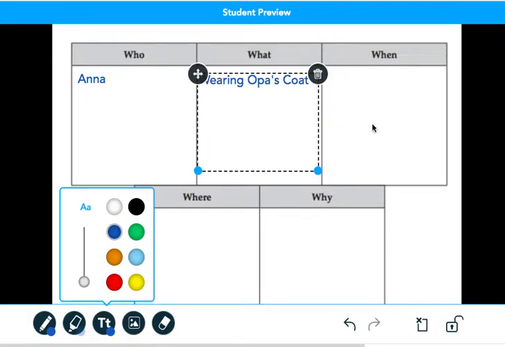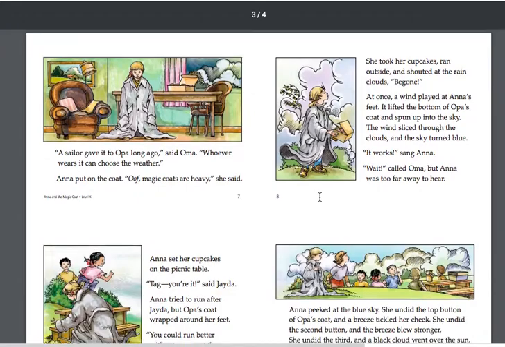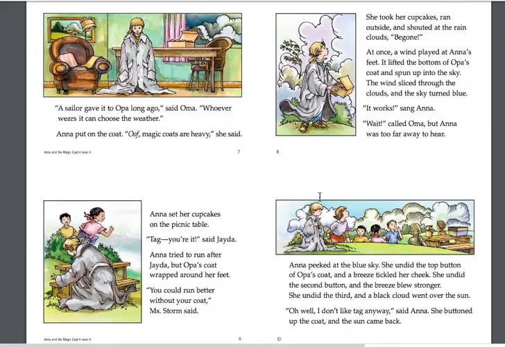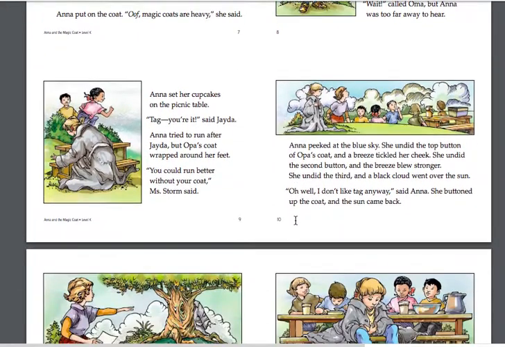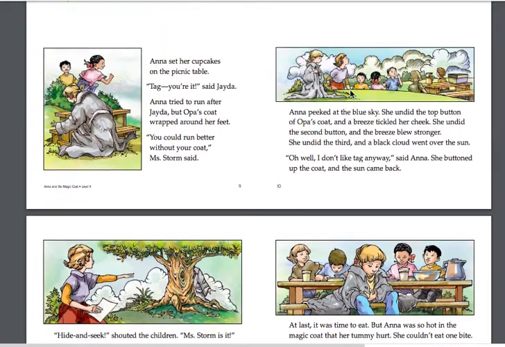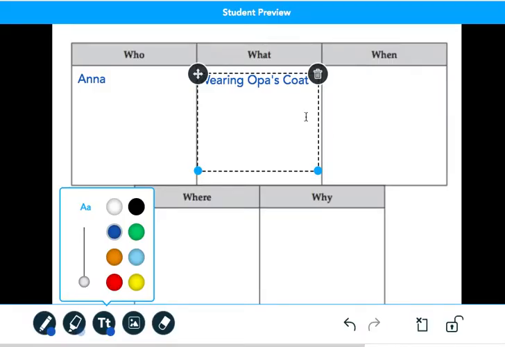All right, so when? So when does this story take place? Sometimes we call this the setting, the time and place, which is when and where. Most of this story, because I remember that she was really upset about the cupcakes, is not at nighttime. It looks like it's just during the daytime. So I'm going to say during the daytime.